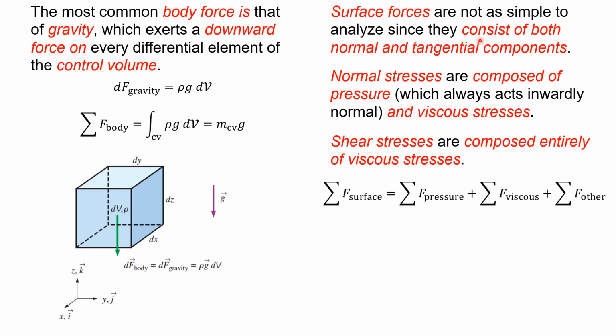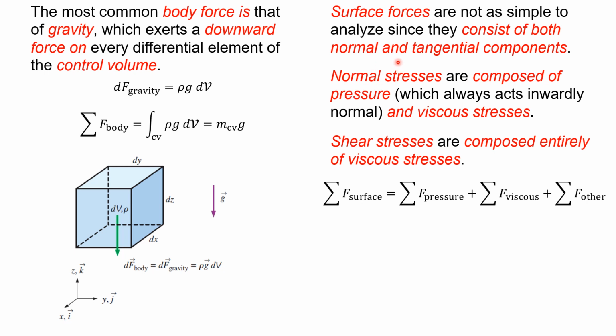Okay, surface forces. Earlier we have seen the body forces. So what are surface forces? Surface forces are not as simple to analyze, since they consist of both normal and tangential components.